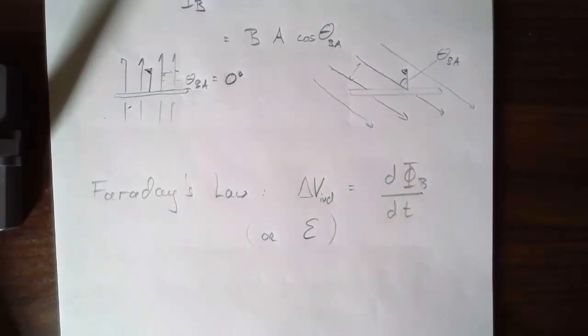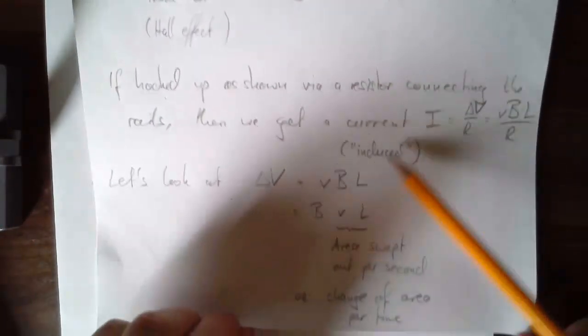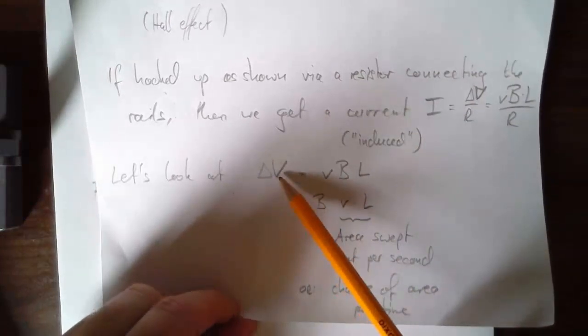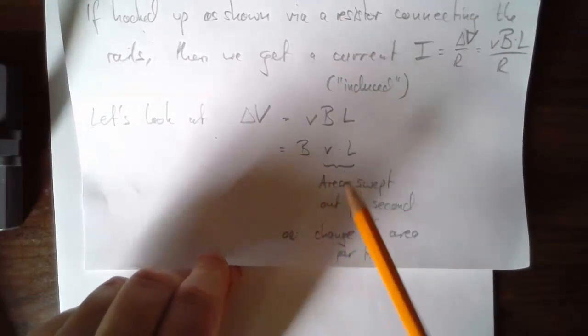Right now, this is our hypothesis. We've generalized a little bit. We said, look, we notice in this example here, the bar sweeps out a certain area. The induced potential we get just from understanding forces on charges is equal to B times the change of area.